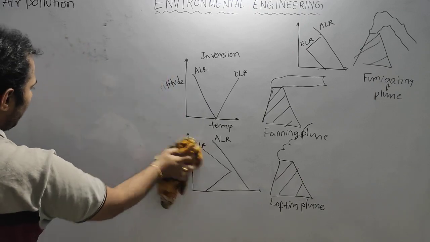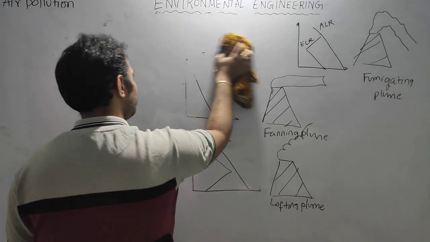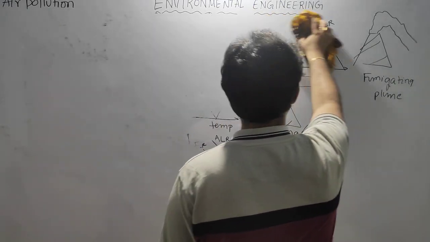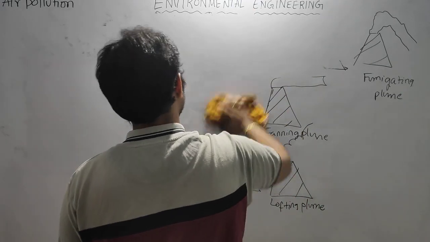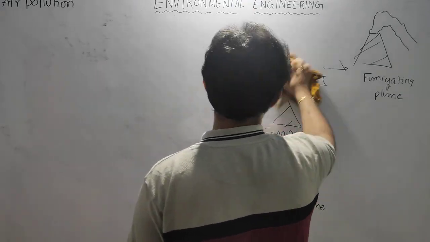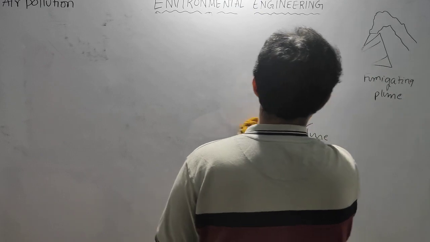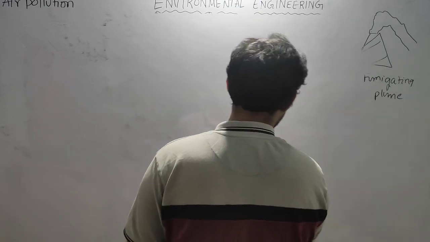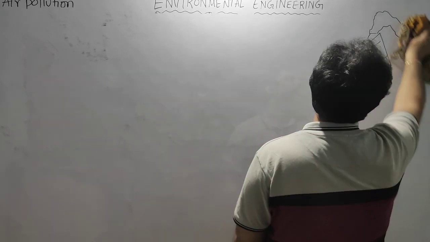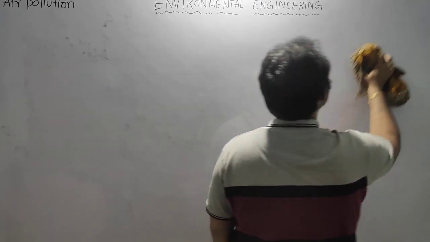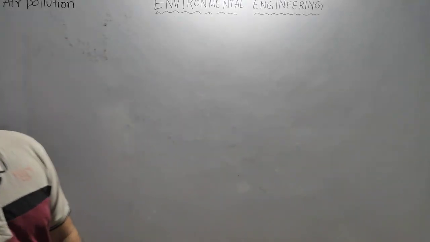The height of the stack depends on all the factors we have discussed so far: the temperature, the pressure prevailing there, the wind speed there, and the type of area. We consider all these factors to fix the design height of the stack.